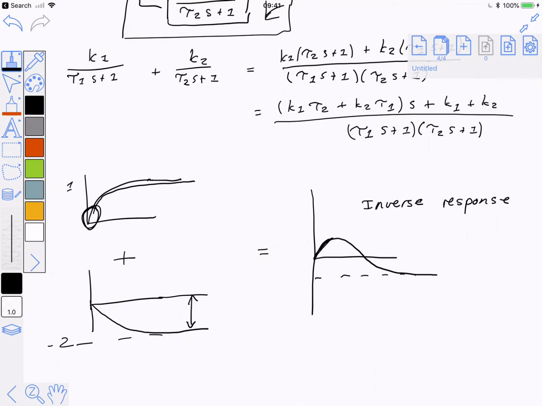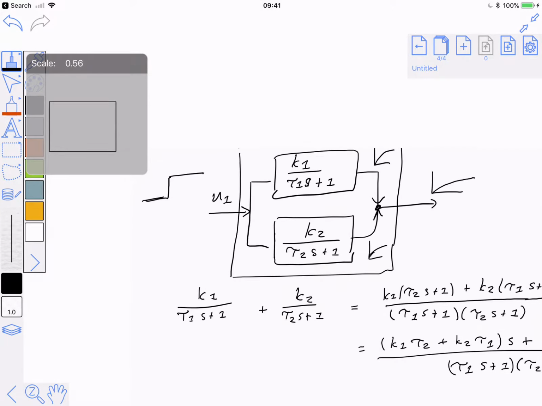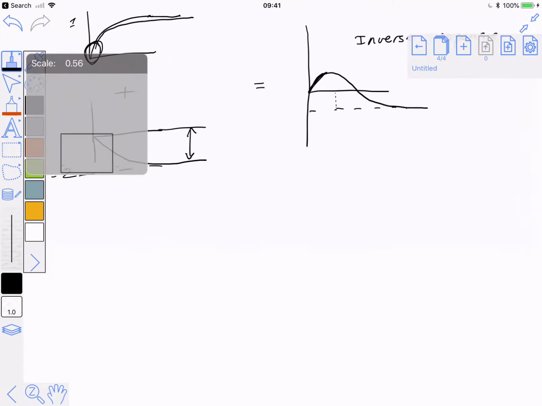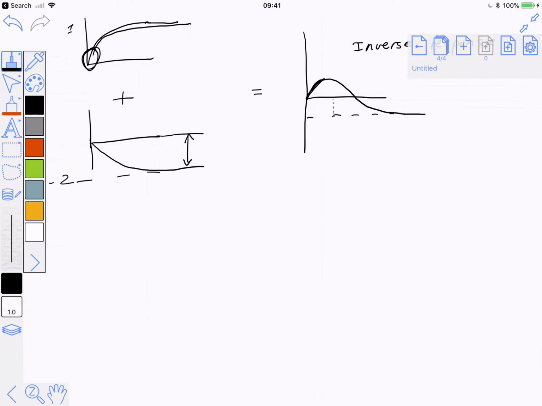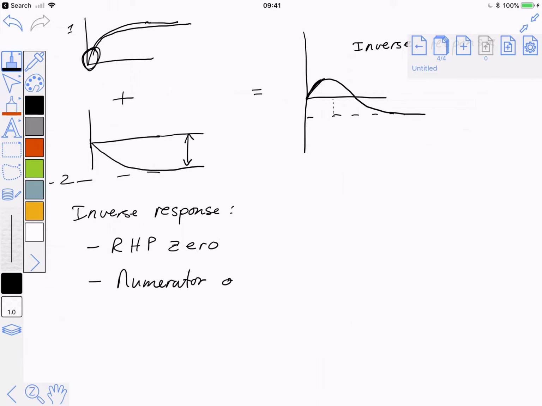You can go through all the derivatives and so on, but luckily we have an easy rule for inverse response, which says that inverse response happens under these particular conditions: if I have a right-hand plane zero and a numerator order less than the denominator order.